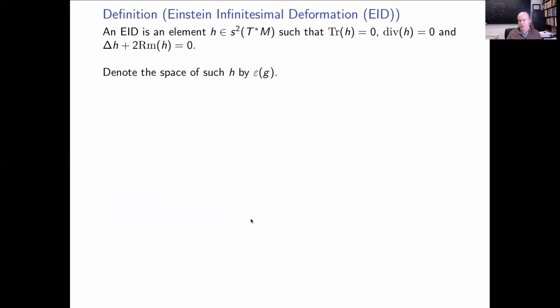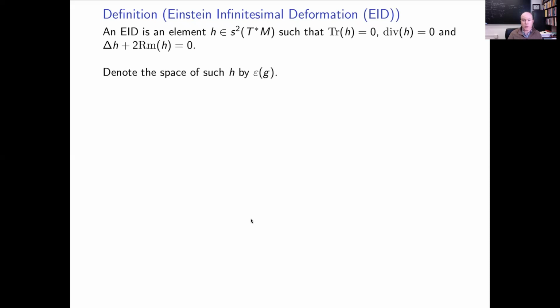So the starting point of the theory is an infinitesimal description of the pre-moduli space. This is all due to the work of Koiso, and he studied what are called Einstein infinitesimal deformations, EIDs. By definition, this is an element of the symmetric two-tensors whose trace is 0 and divergence vanishes.